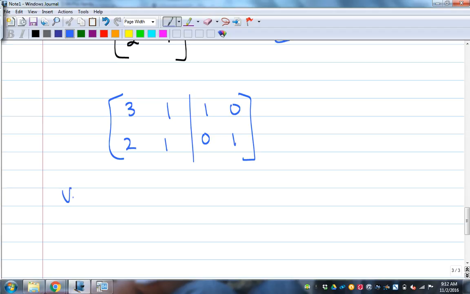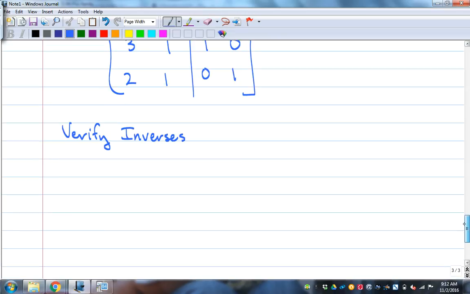Okay, and that's the last thing we want to talk about: verifying inverses. With functions, we did function composition. To verify inverses, basically all we have to do is multiply the original matrix times its inverse, and then it's going to equal the identity matrix of that size.